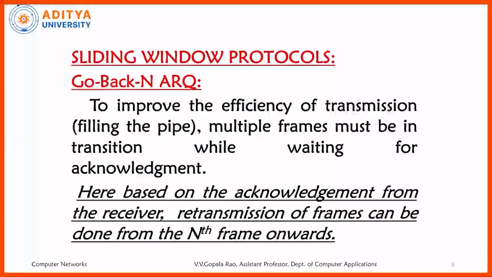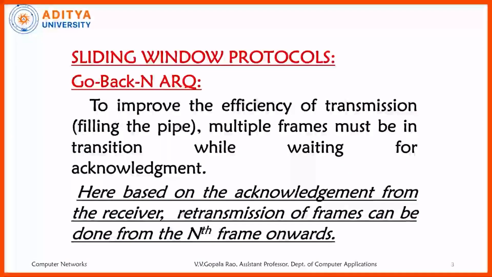So the actual problem that we noticed in stop and wait ARQ can now be resolved in this Go-Back-N ARQ procedure. Instead of a single frame, we are going to introduce more than one frame in this procedure of a sliding window.